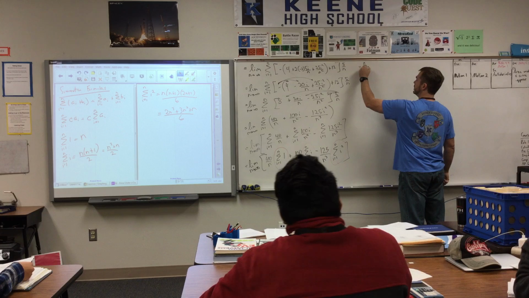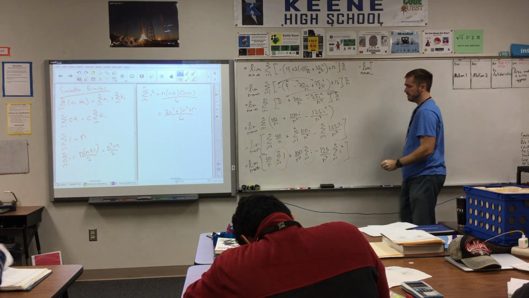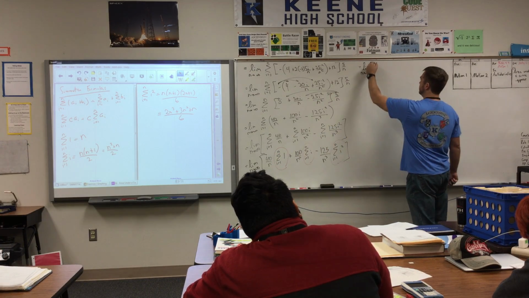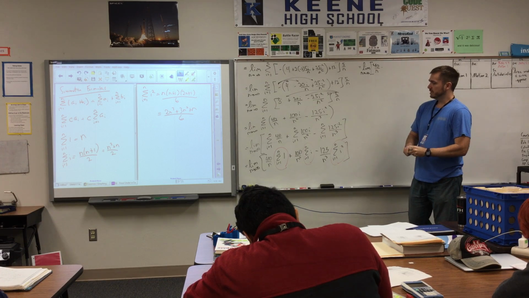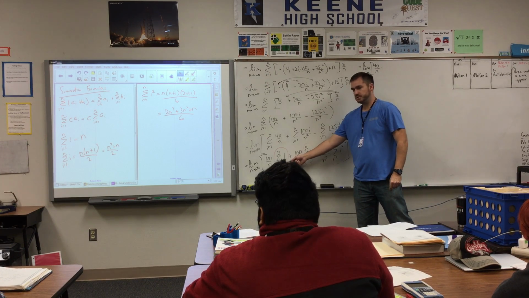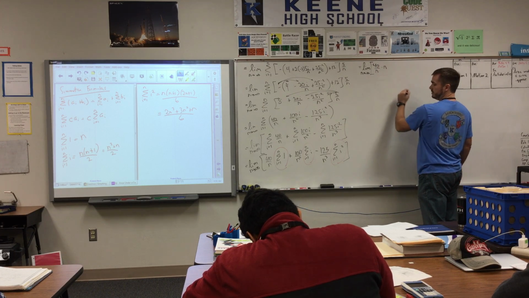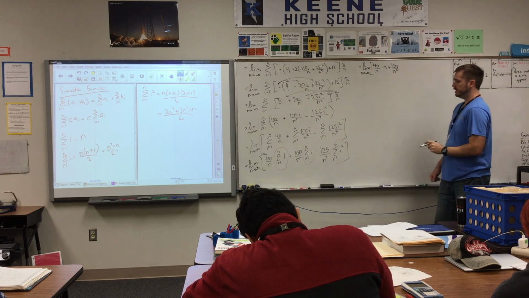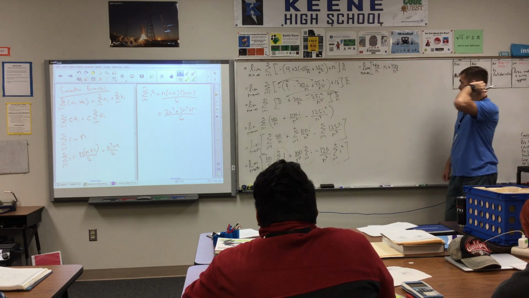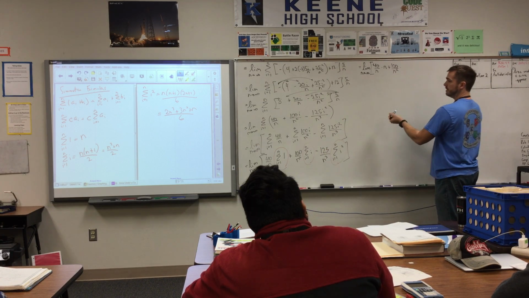Equals the limit as n approaches infinity. I've got the 40 over n times, class, what was this first summation formula? From i equals 1 to n of 1. Yep, is n. Plus the 100 over n squared. Somebody else? What was this formula right here? n times n plus 1 over 2. Yep.